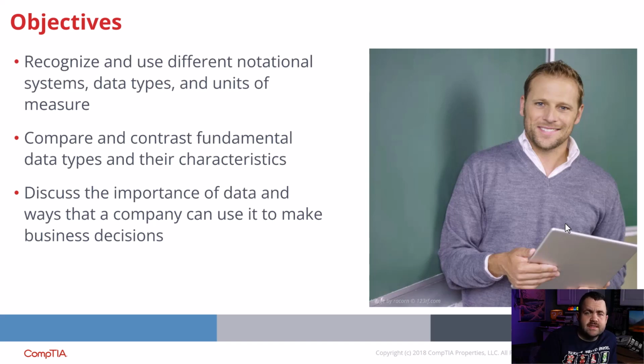Notational systems, that's a big scary word that just means how we count things, okay? We can count things with base 10, where we go 1, 2, 3, 4, 5, 6, 7, 8, 9, 10. Then we can take that same count and represent it using binary, okay? We'll break down the charts and all that, but that's all notational systems mean.